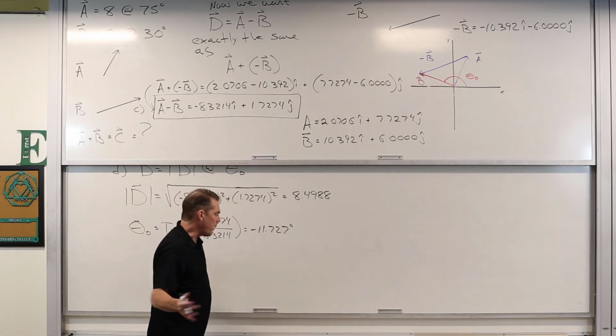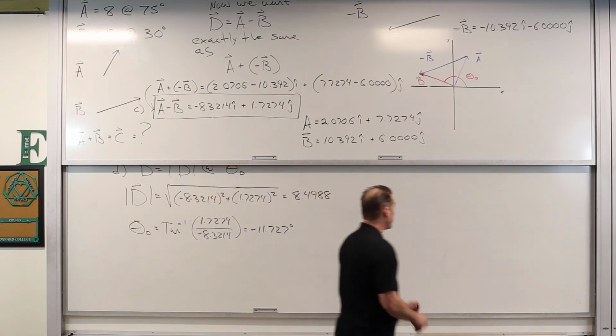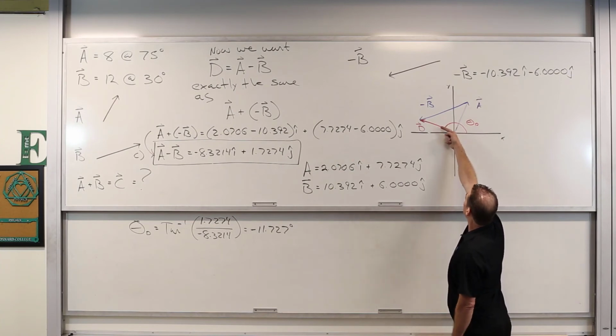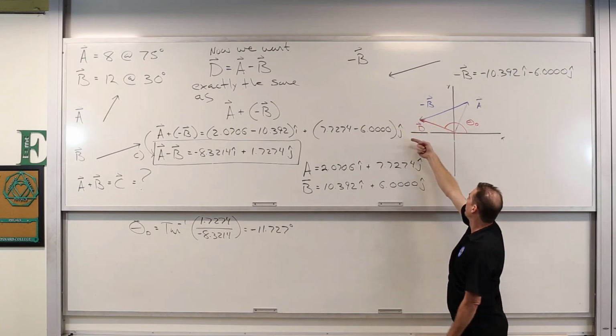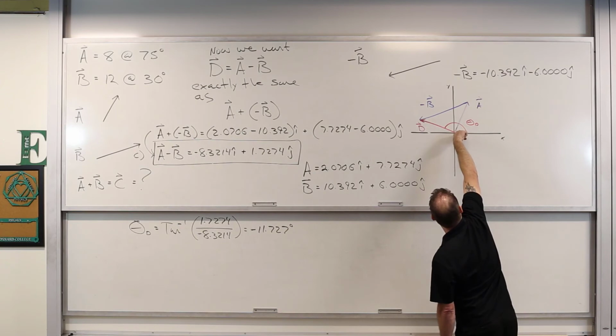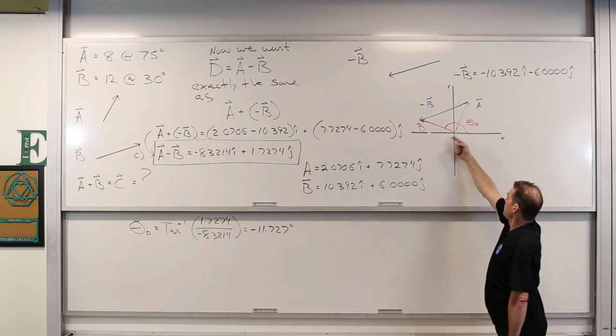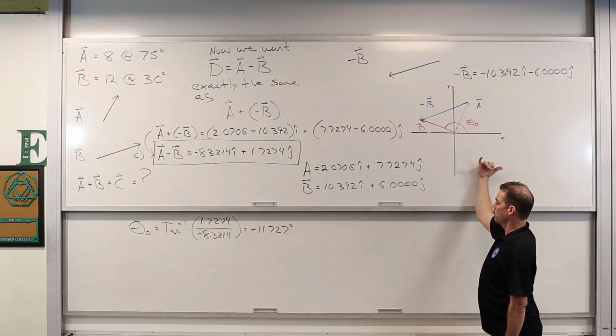So we ask ourselves, is that right? Well, let's just go over here and reference what we've got going on. Here's the direction that it's pointing. This direction is in the second quadrant. Negative 11 would be down into the fourth quadrant. So what's going on here? That's not pointing into the fourth quadrant.